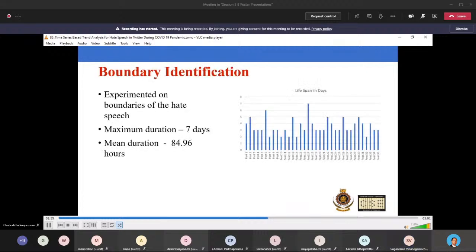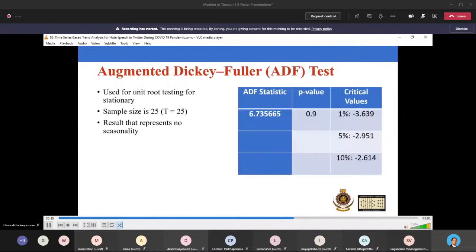Initially, we have done a boundary value analysis to identify what the boundaries are. After the analysis, we have revealed that the maximum duration is 7 days and the mean duration is 84.96 hours. An Augmented Dickey-Fuller test was conducted to identify the stationarity with a sample size of 25.